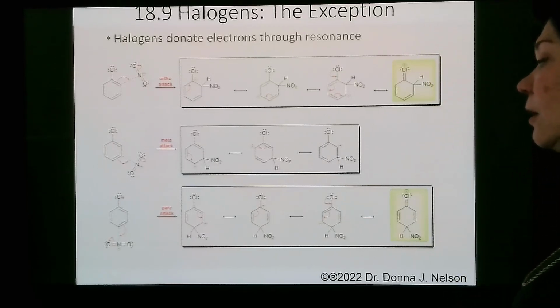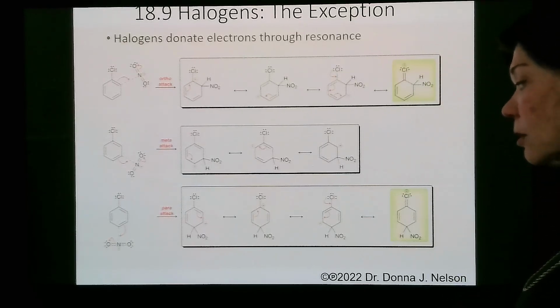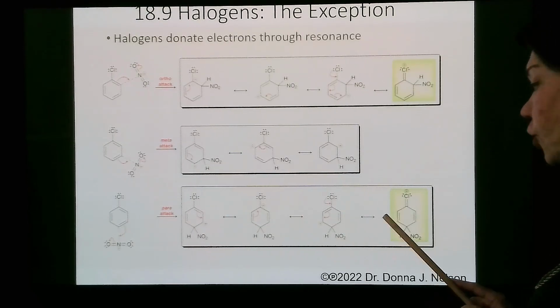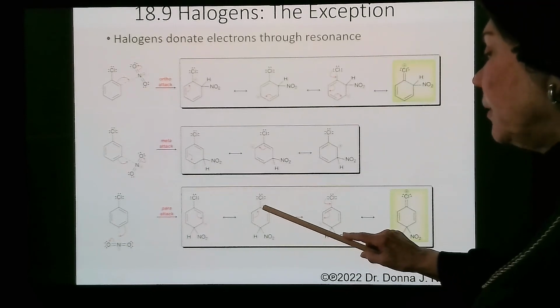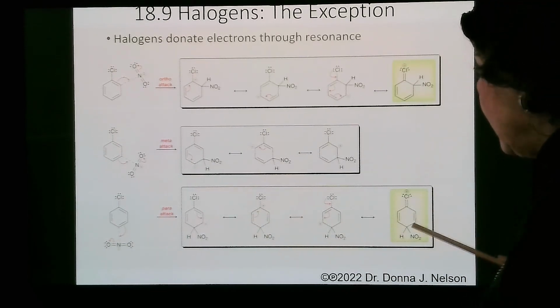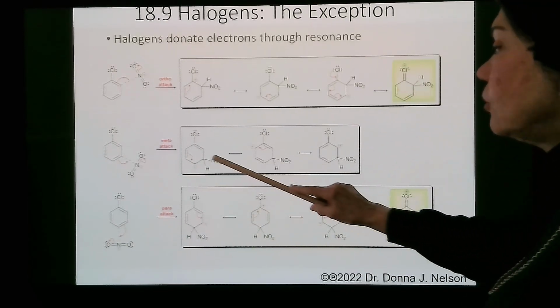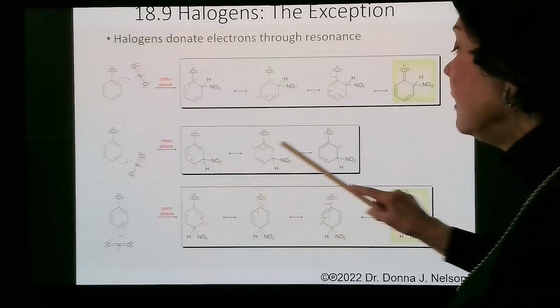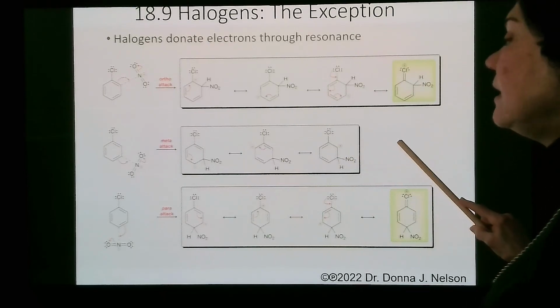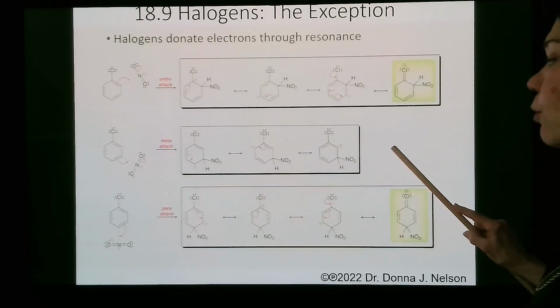has a lower energy barrier to achieve that sigma complex because the sigma complex is more stable. It has a fourth resonance structure. The attack at the meta position gives rise to a sigma complex that does not have a fourth resonance structure.